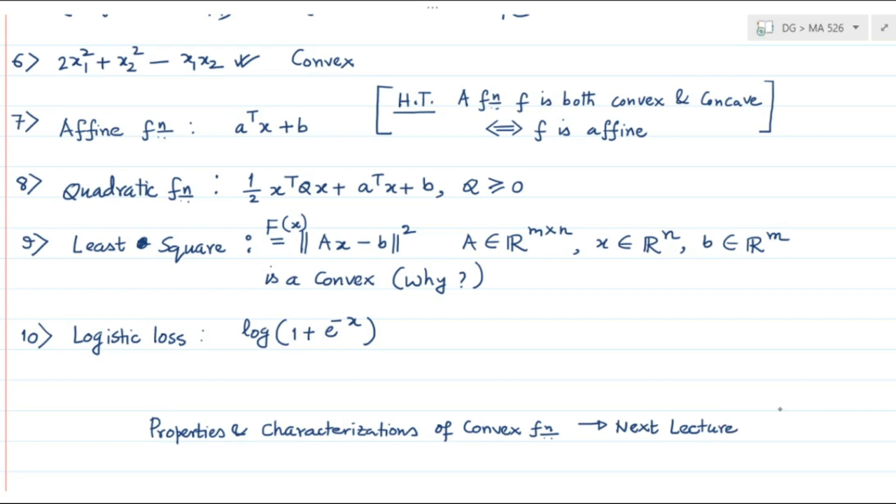By first order I mean only the first derivative will be used, that means the gradient information of the function. And in the second order characterization, the Hessian matrix of the function will be used to check the convexity.